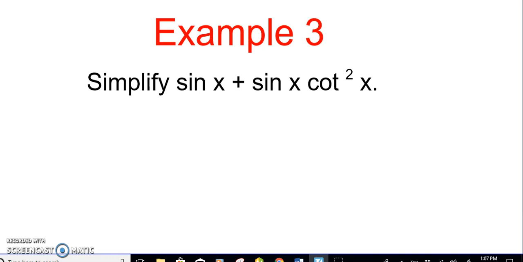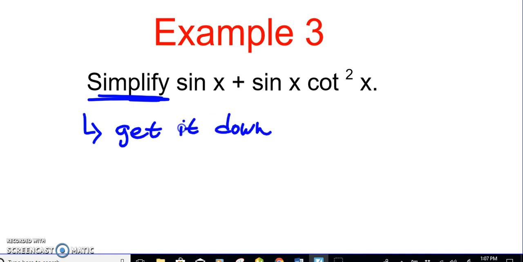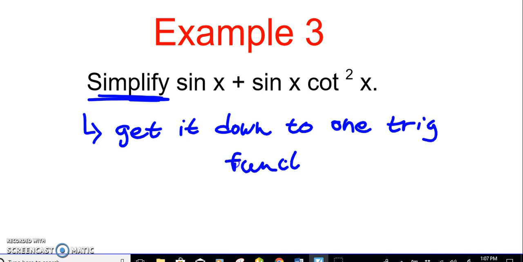Whenever we say simplify, that means get it down to one trig function, or get it down as far as possible.